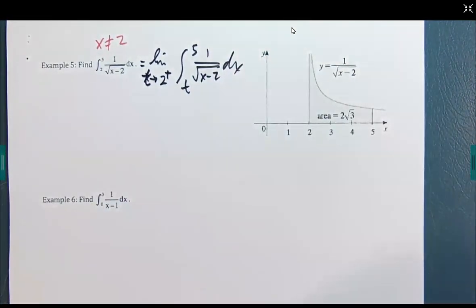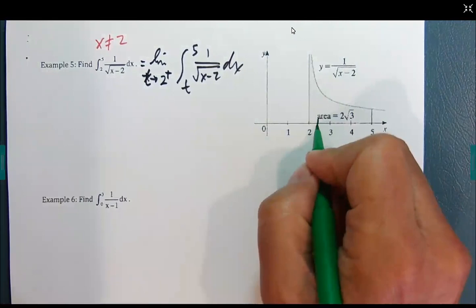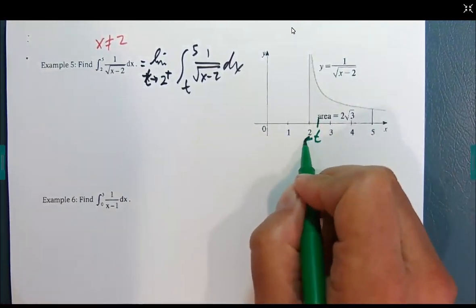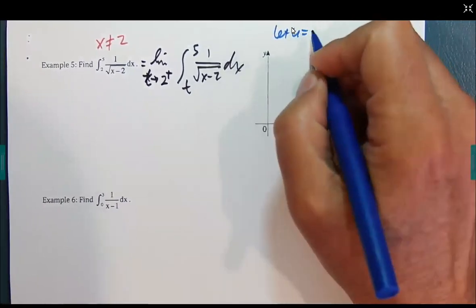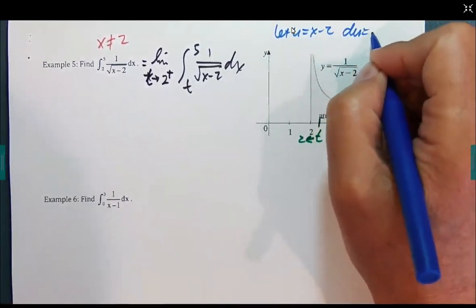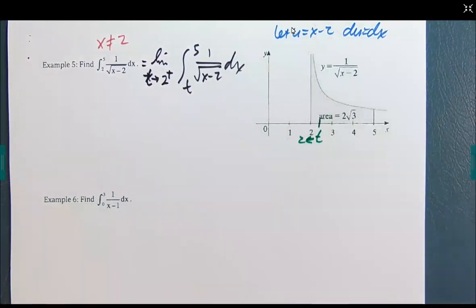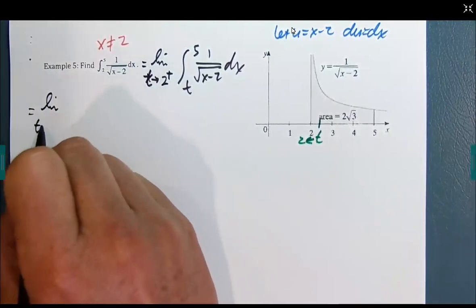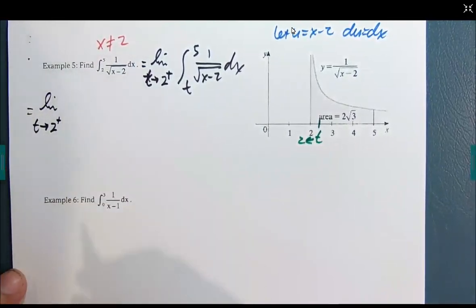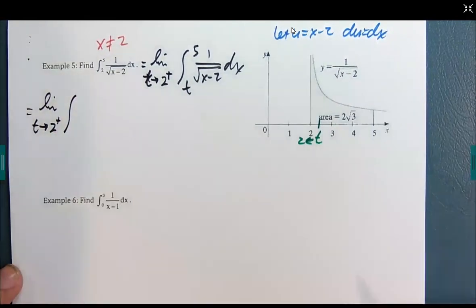Cool. Meaning we are going to stop short right here at t, and then I'm going to shove t off to 2 to the left. All right, so let's do a quick substitution. And this becomes, and I'm going to hold off on the boundaries for now.